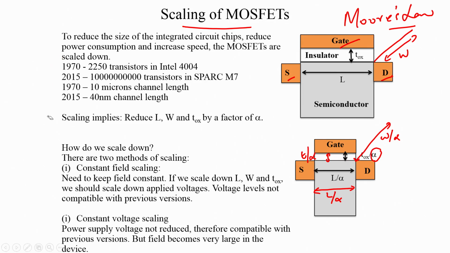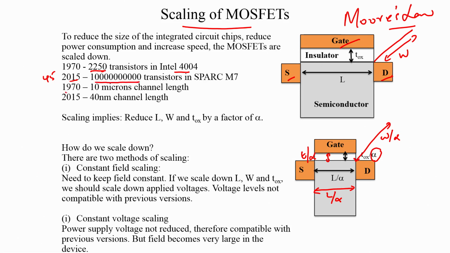In the 1970s, the Intel 4004 processor had about 2000 transistors in it. And in 2015, that is what, 45 years, so in half a century's time, the number of transistors has increased to these many. That is a massive increase.